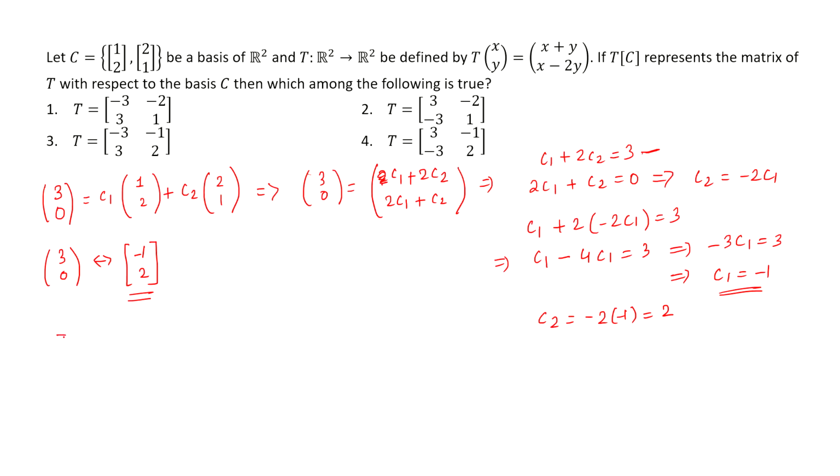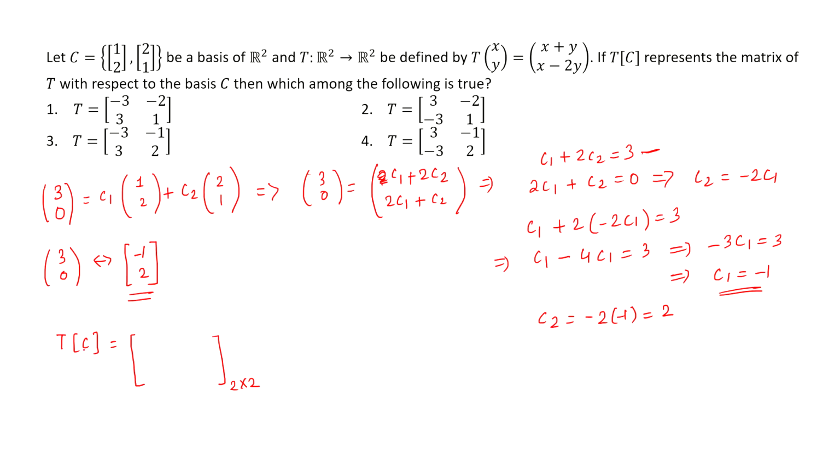Now we have obtained the coordinate representations of the vectors. Therefore, how can we find the matrix [T]_C which represents the linear transformation T? The matrix will of course be a 2 by 2 matrix. What will be the entries?